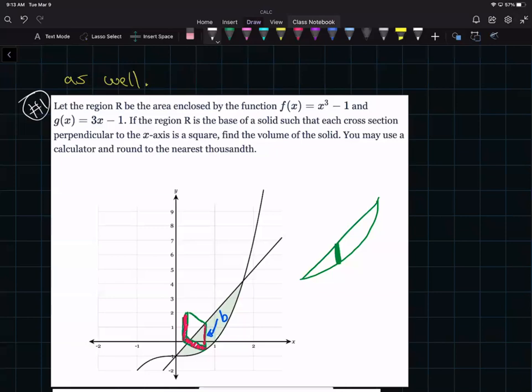Now you don't need to draw the square that's there. I just drew it so you can have something to look at, so how it looks, okay?